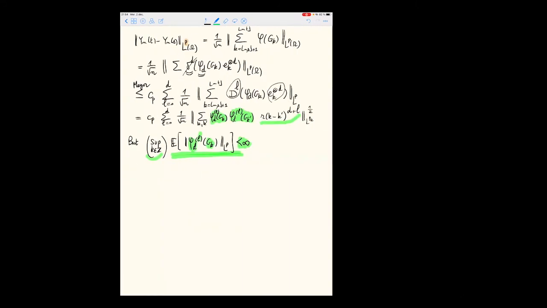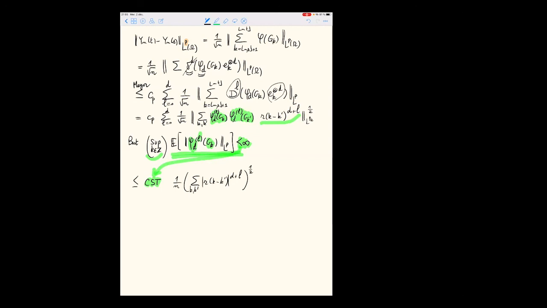And so if I use this, I apply all the inequality, and I get that this is less than a constant. This constant comes exactly from this finiteness here. And what remains is exactly 1 over n, the sum of R of k minus k prime to the d plus L, with absolute values over k and k prime, power 1/2.